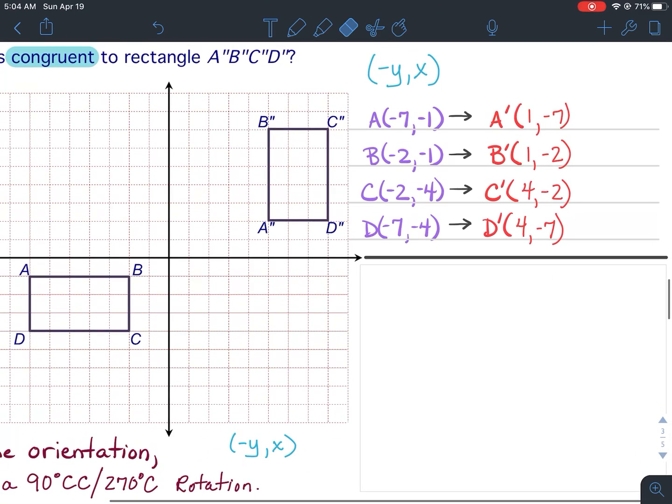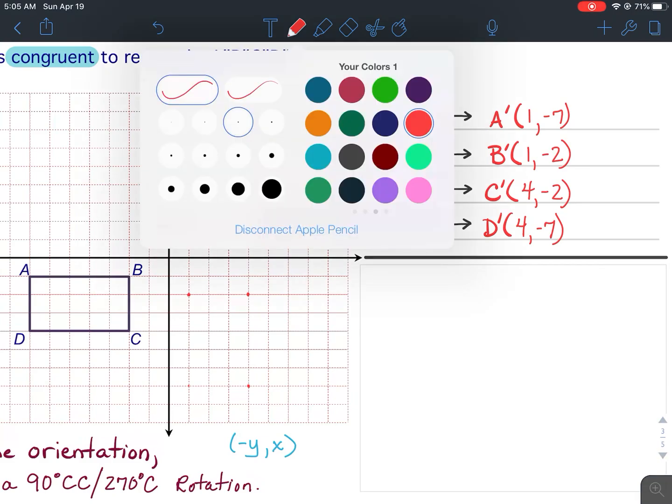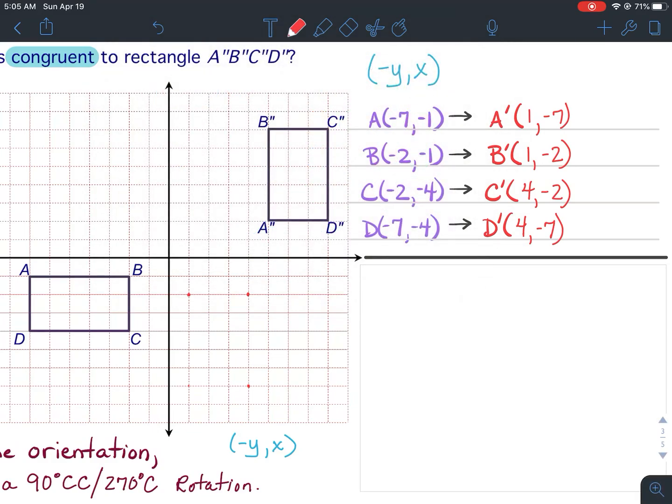So we're going to plot these points, connect the points, and label it. So 1, negative 7 would be right here. 1, negative 2 would be here. 4, negative 2, and 4, negative 7. Okay, so now let's connect our points.